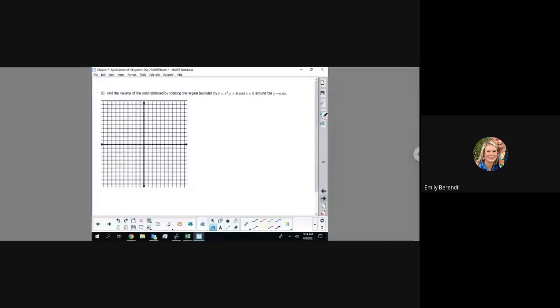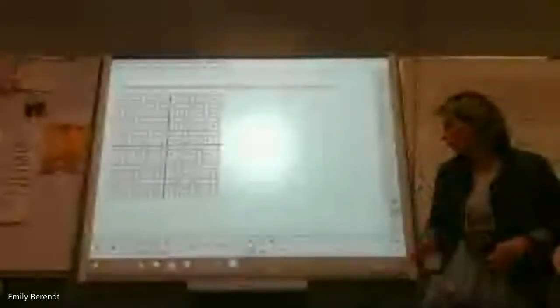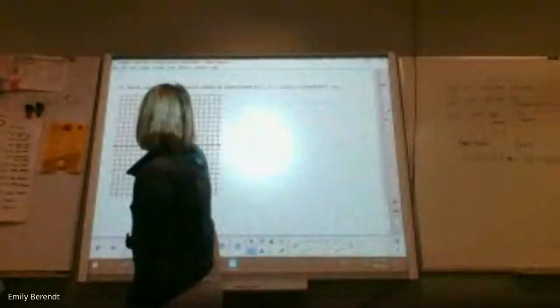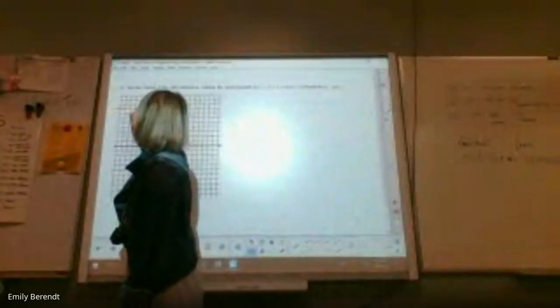And it says y equals 8, so we've got a horizontal line of y equals 8. 1, 2, 3, 4, 5, 6, 7, 8. So that's where we'll stop our cubic. x equals 0, so that's the y-axis. So you're really only going to be graphing half of the cubic.